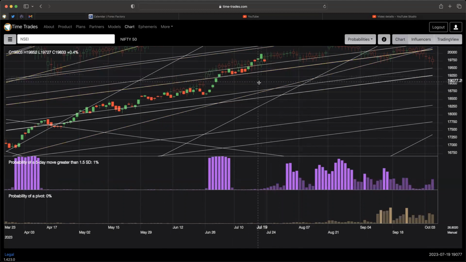So probably a good time to just be patient here and not overtrade on the Nifty. Might be a good time to switch strategies into maybe more option writing instead of outright directional bets on the Nifty.